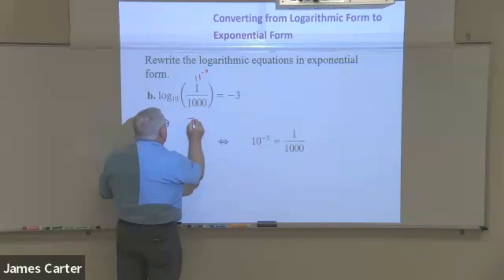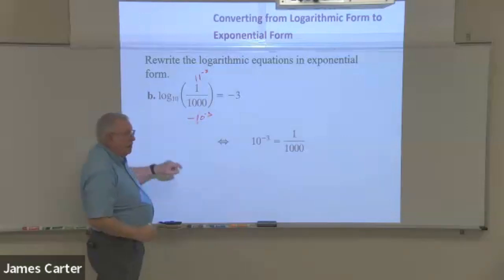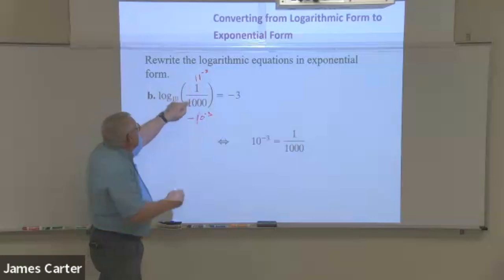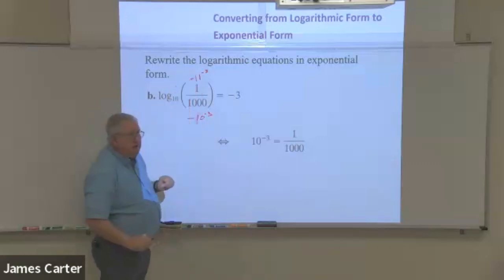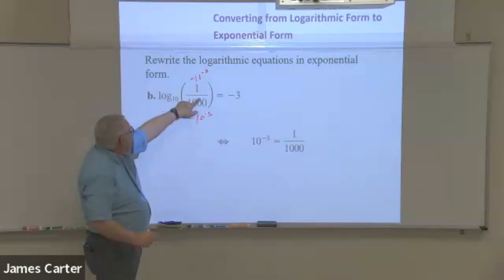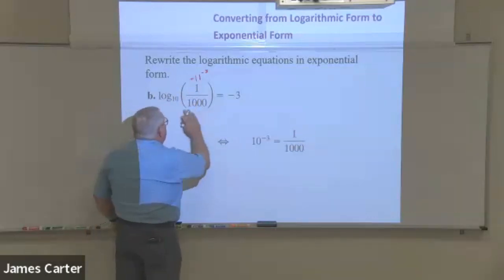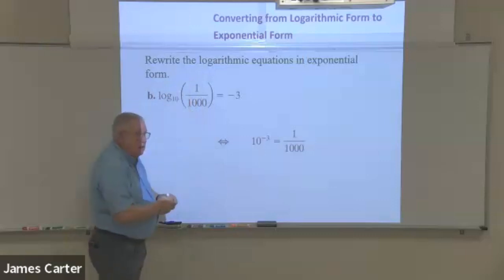That is not the same as -10 to the -3. That one would be undefined. But this one is okay, because there is a positive in that. This is still a positive fraction. Did that answer your question? Yeah. Okay.